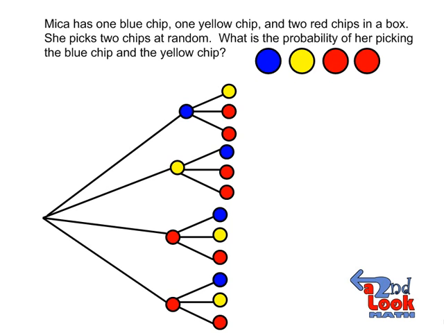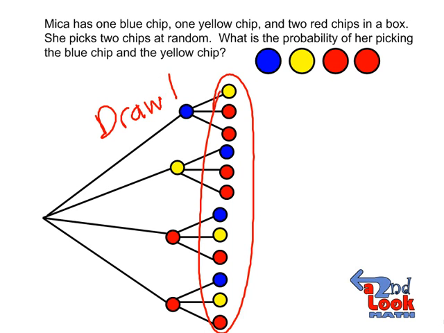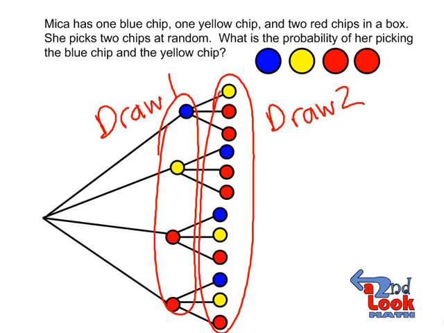Now we have the two different draws. So this is draw one here, and then this second row or second column represents draw two. So we have draw one in this first, and then draw two.